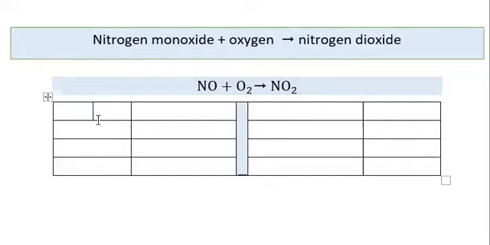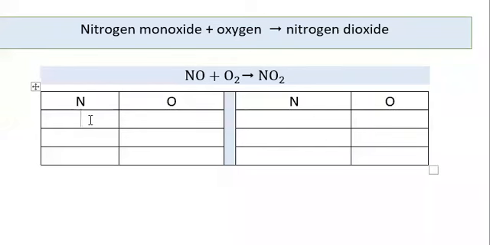It doesn't look balanced, so I'm going to write it out here. Okay, so we have one nitrogen in the reactants, we have three oxygens, and we have 1 and 2, right? So the one thing we need to balance here is clearly oxygen, right?